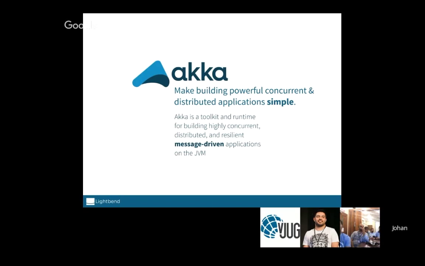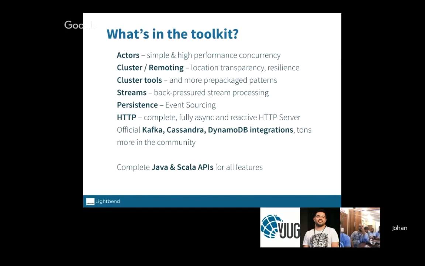Its core thing is actors, which is a concurrency model or an abstraction to build concurrent applications. Additionally, inside of Akka, we have a cluster and remoting for building distributed systems across many nodes.